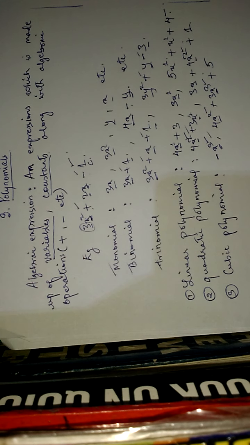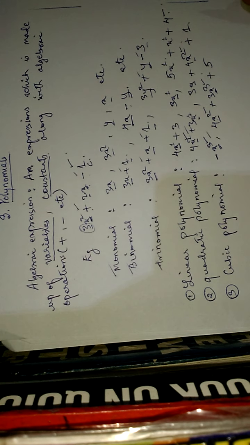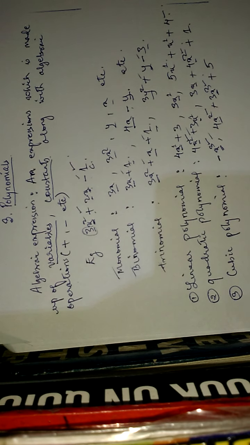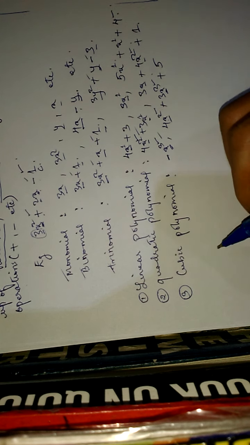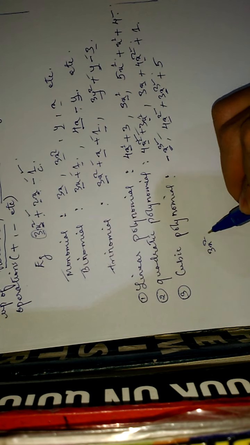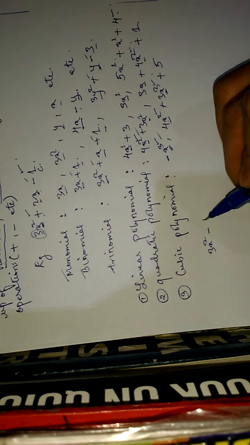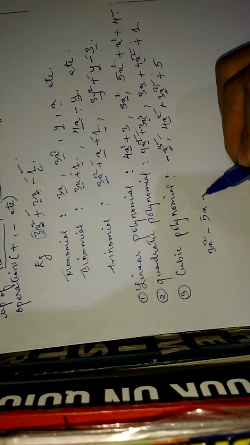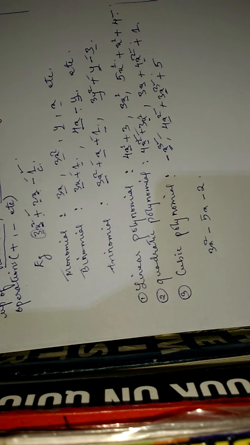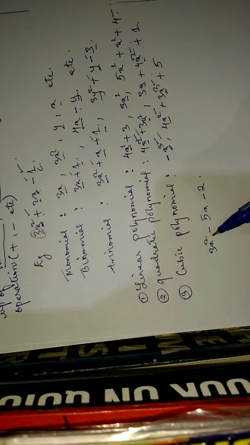Here we have 3x square minus 5x minus 2. In this case, this is a quadratic polynomial, since its highest variable power is 2. And the constant term is what? 2.